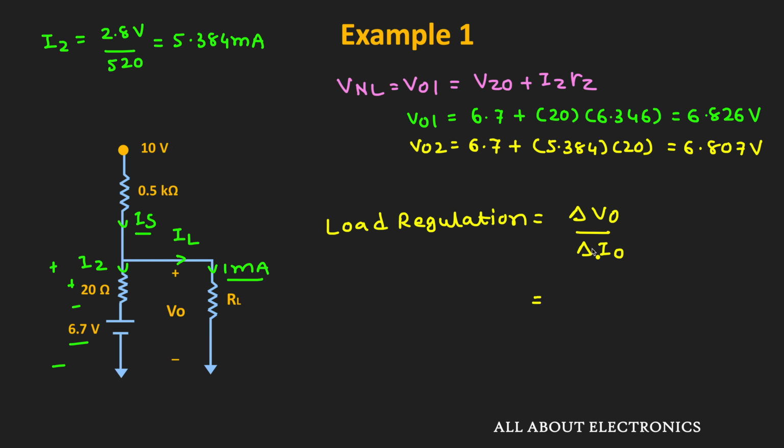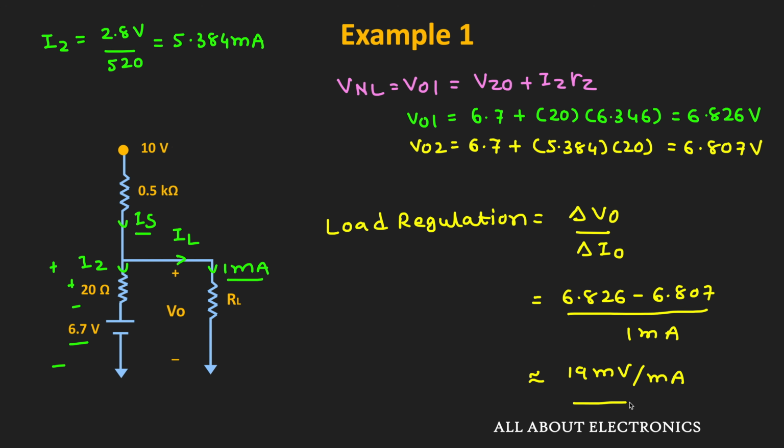Here the change in the output voltage is equal to 6.826 volt minus 6.807 volt, and the change in the output current is equal to 1 milliampere. So we can say that the load regulation is approximately equal to 19 millivolt per milliampere. So for the given circuit, the load regulation is equal to 19 millivolt per milliampere. Similarly, let us find the line regulation.